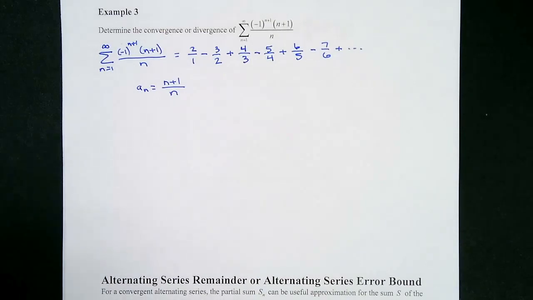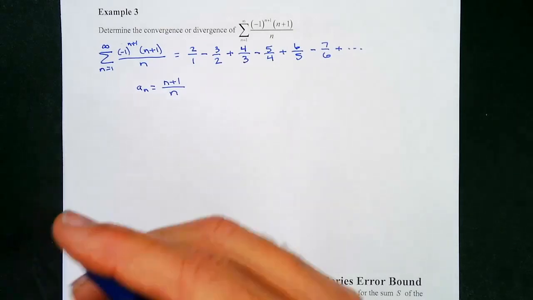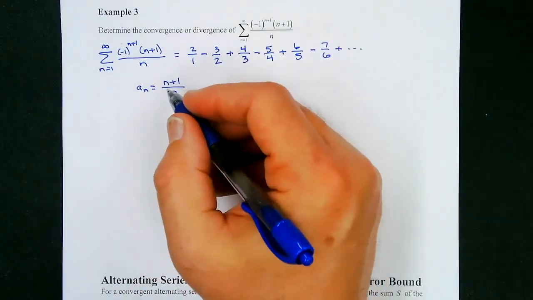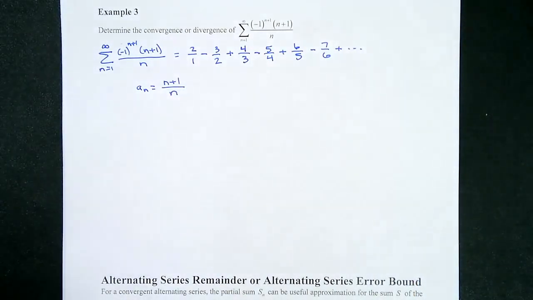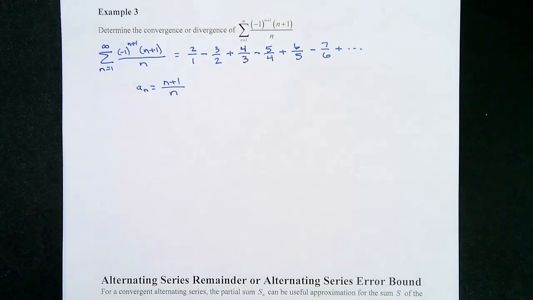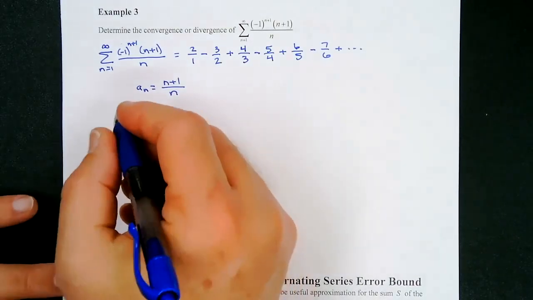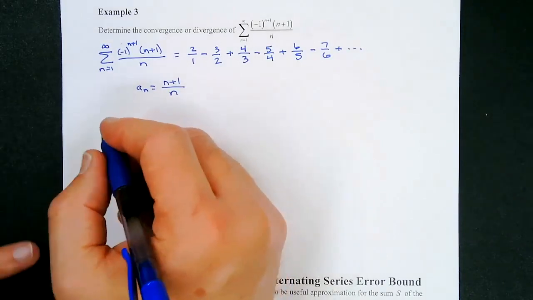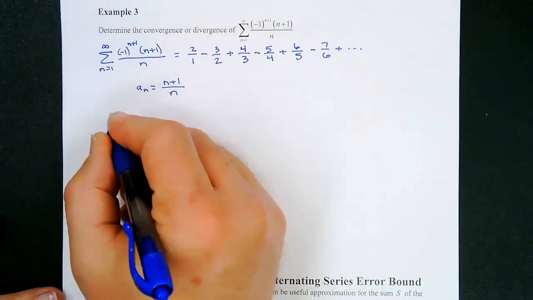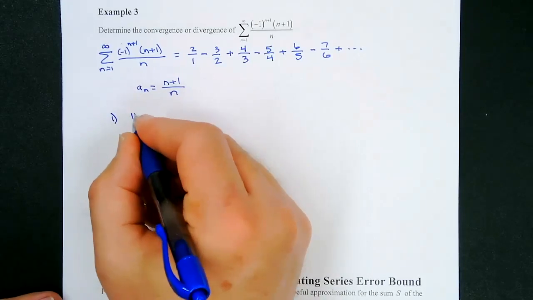So if we go to do the limit, right, we should just realize, oh, this is going to come out to be 1 because this +1 is insignificant, okay? So we know that we're not going to meet these three conditions, right? So we can't use the alternating series test, but by default, we're going to have the convergence and divergence of this, okay? So for 1, we're going to go right to this limit statement, okay?